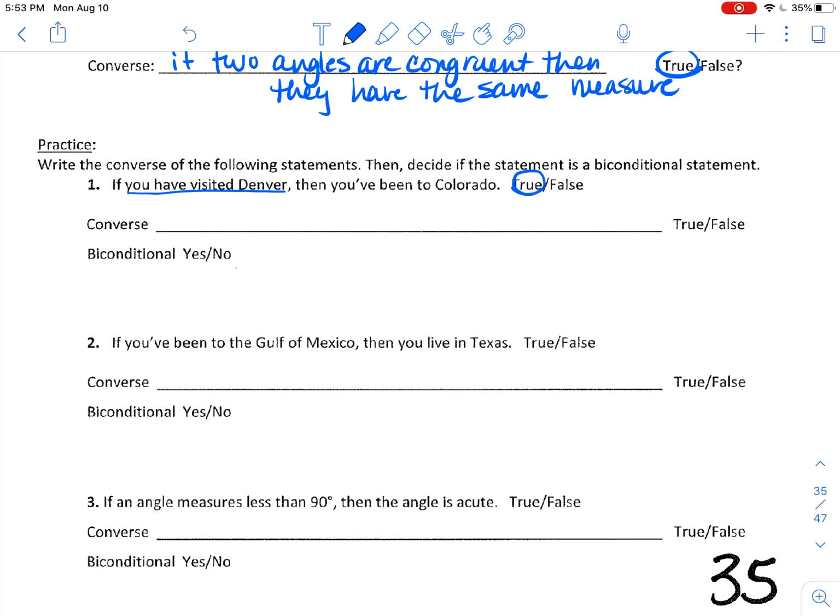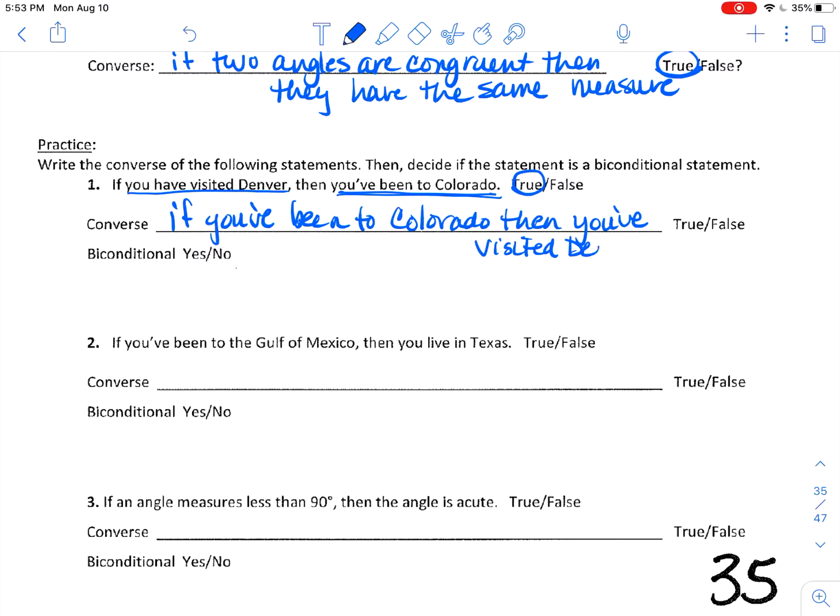So the converse, where we switch the hypothesis and the conclusion: if you've been to Colorado, then you've visited Denver. This is a false statement because you could have traveled to Colorado and not visited Denver. So since the conditional statement's true and the converse is false, this is not a biconditional statement.